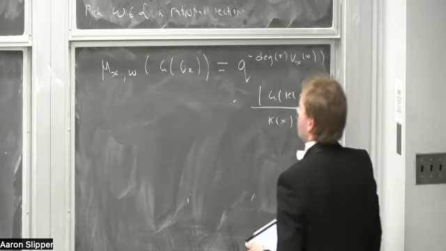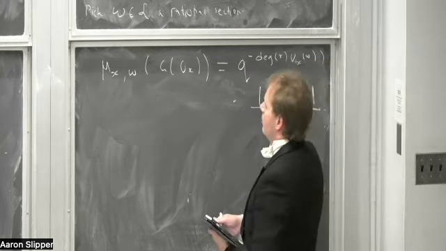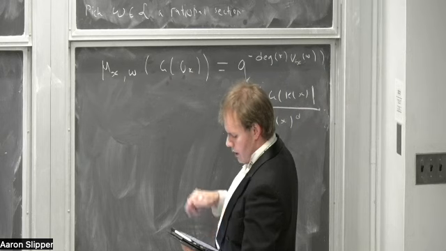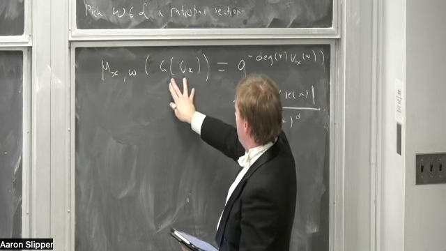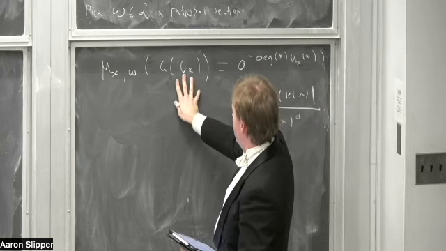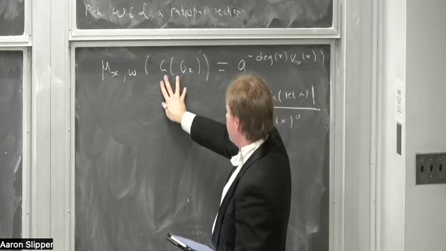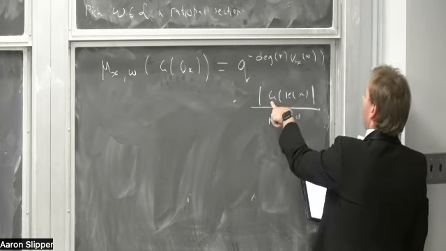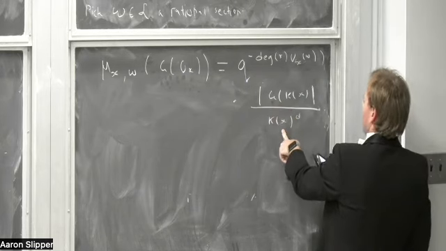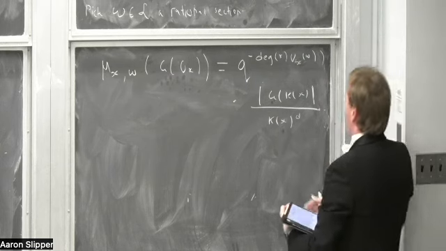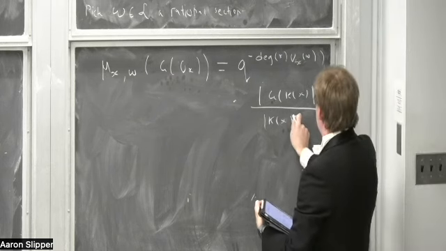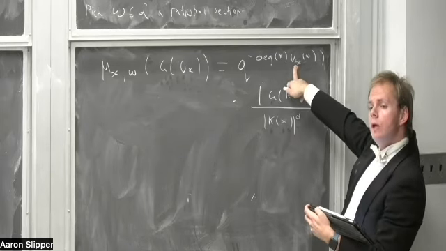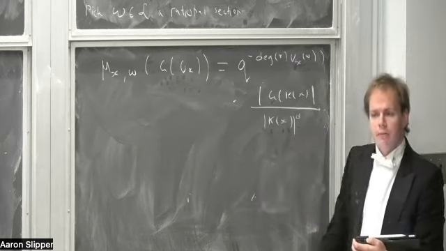If I take my local Tamagawa measure of the formal disk valued points of G, it is going to be the size of the residue field of G divided by this particular power of the size of the residue field, times an extra factor of q, which is the normalizing factor to get everything to map to 1.